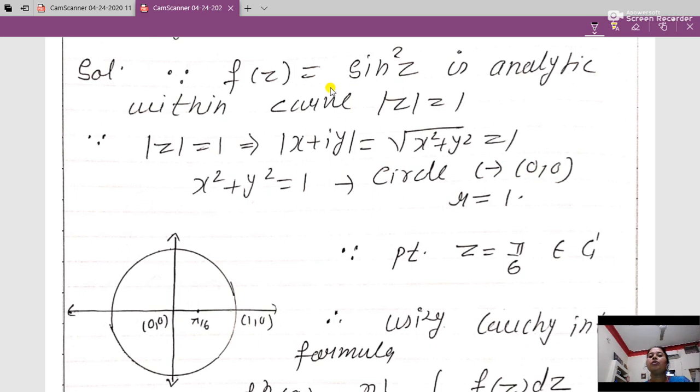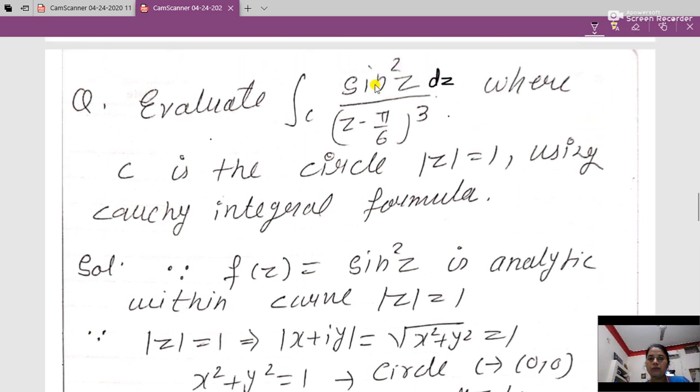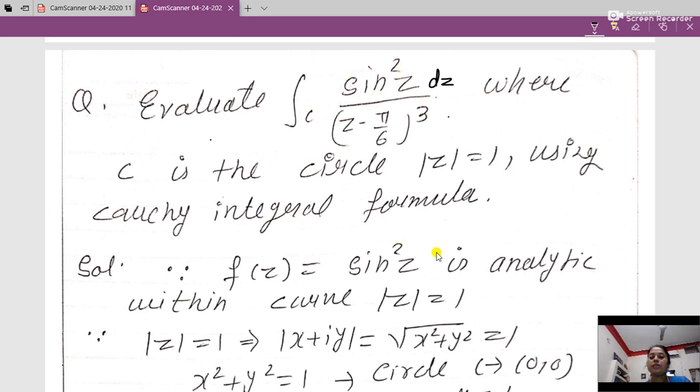Now, we know that the function f(z) is equal to sin²z. Let's see the question: this is f(z) and this is (z minus a) whole cube. So our f(z) is sin²z, which is analytic. What is analytic? It is single valued and it should have a unique derivative.